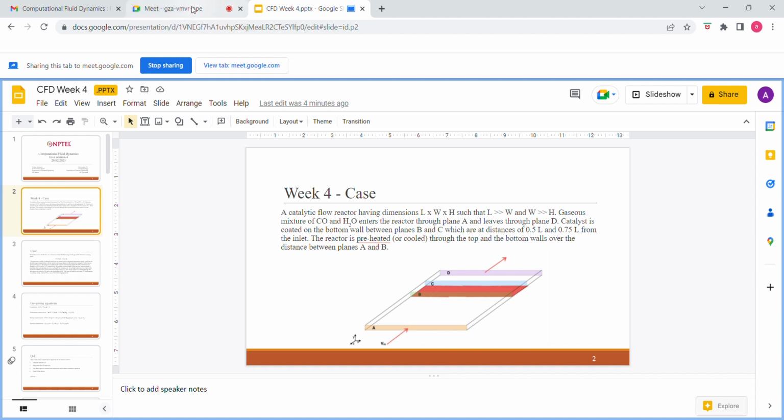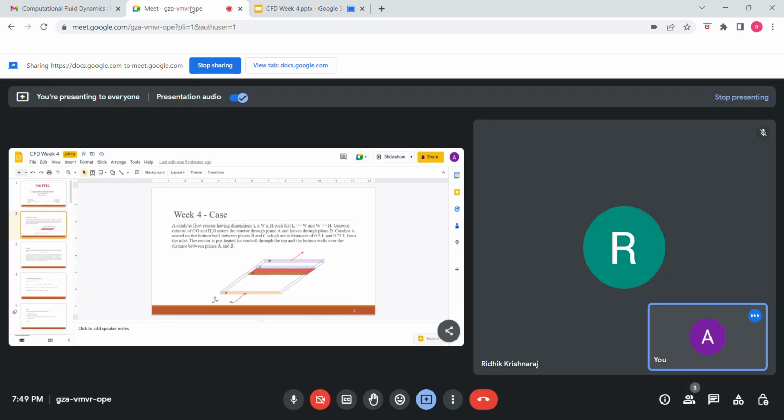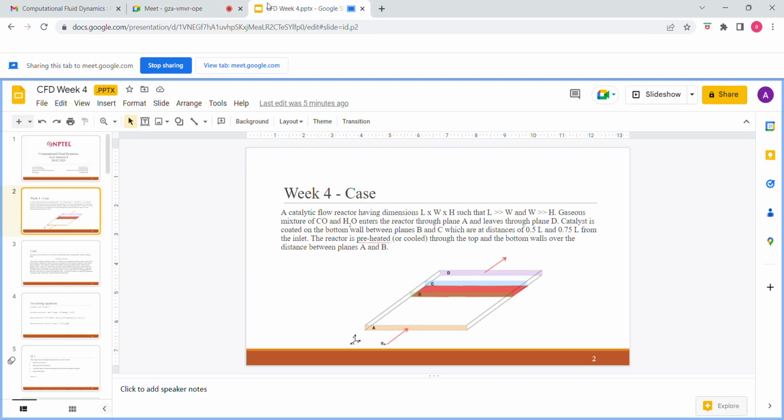If there are no doubts, we'll just have a quick recap of what we saw in today's session. We'll wait 2 more minutes, and if no one is having doubts, we'll start the recap and wind up today's session.